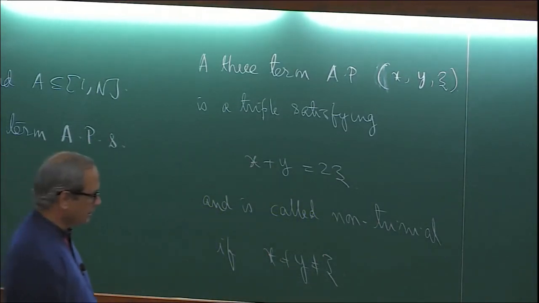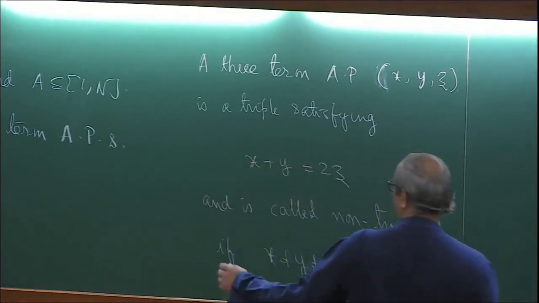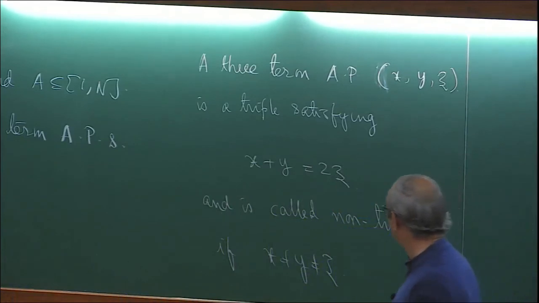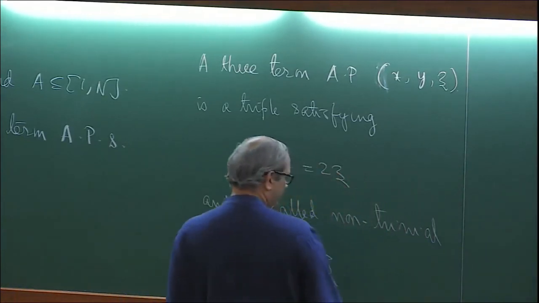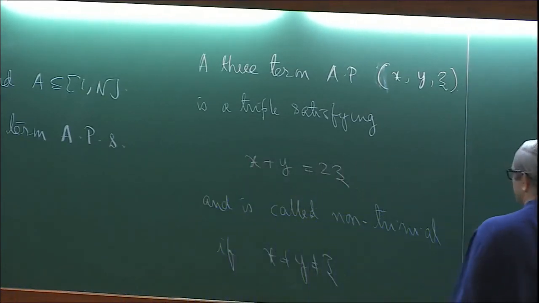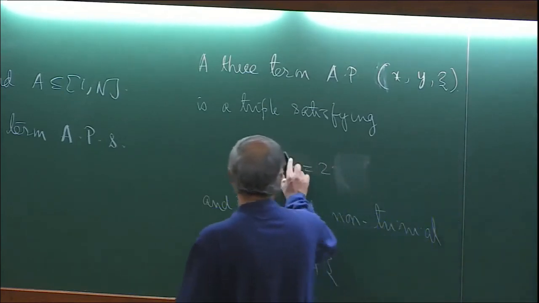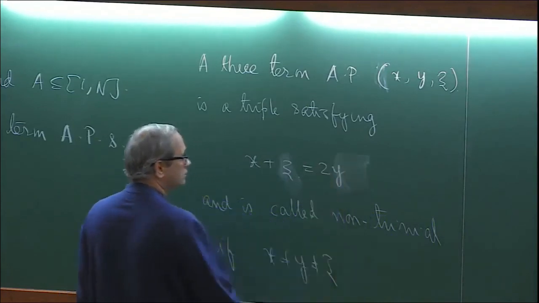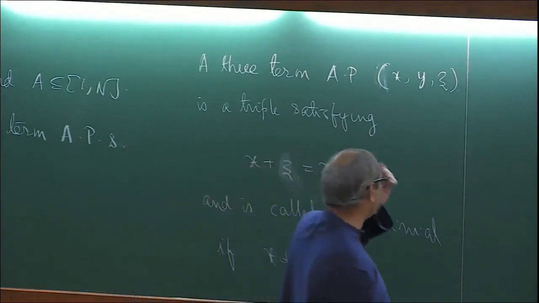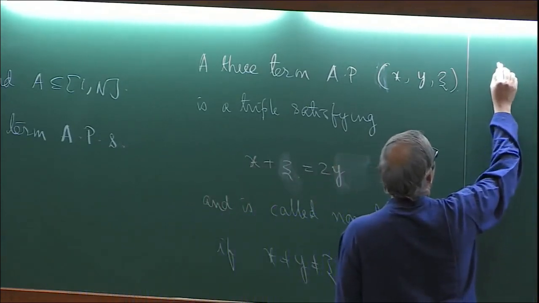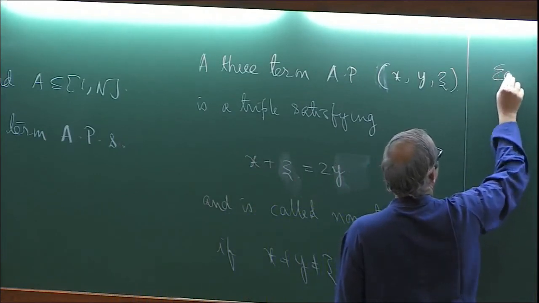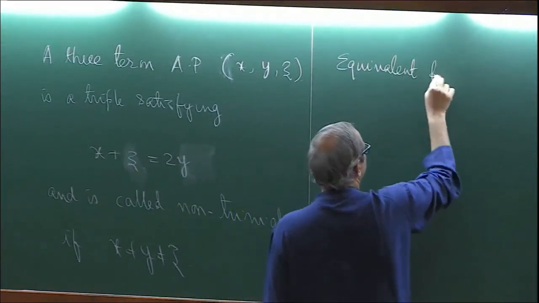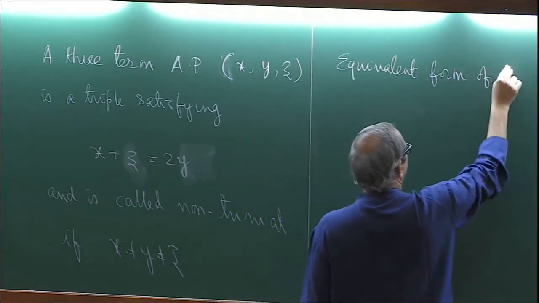So there's the equivalent form of Roth's theorem. Yes, x plus z is 2y. Yeah, could just write it: x plus z is 2y. So an equivalent form of Roth's theorem.